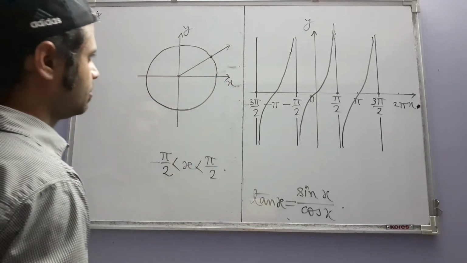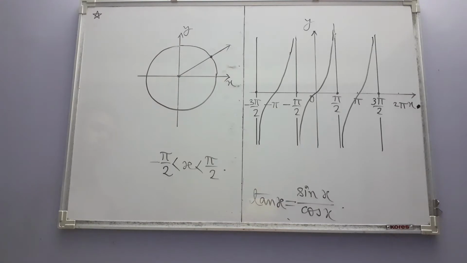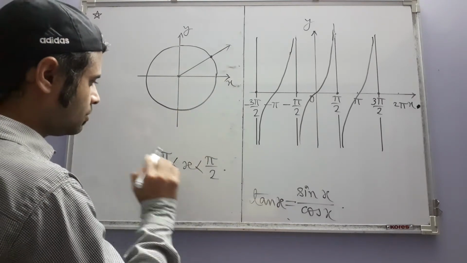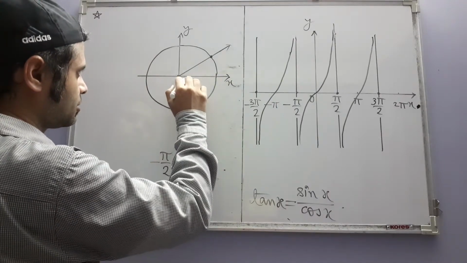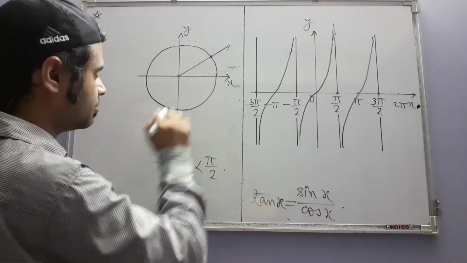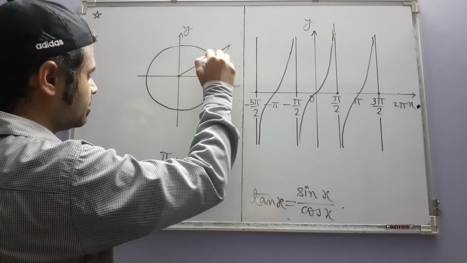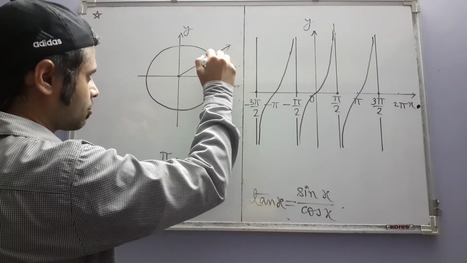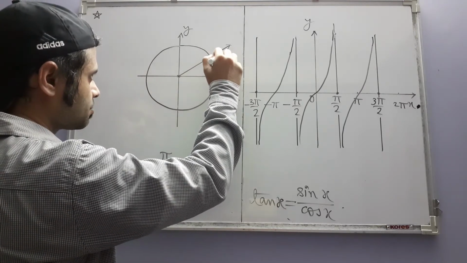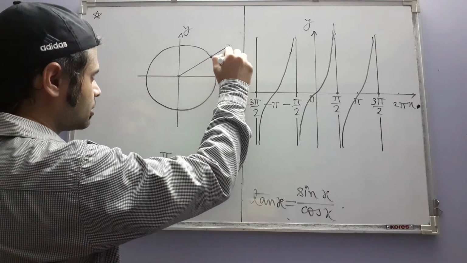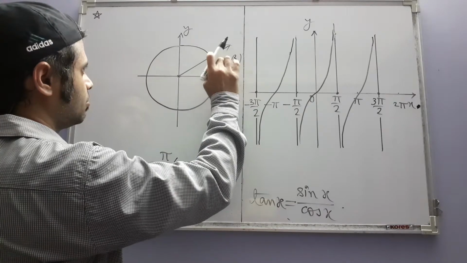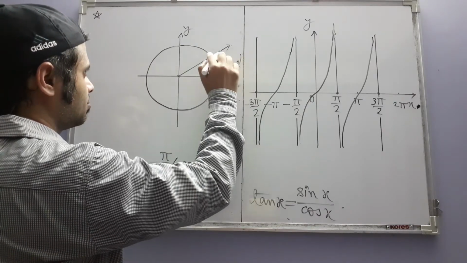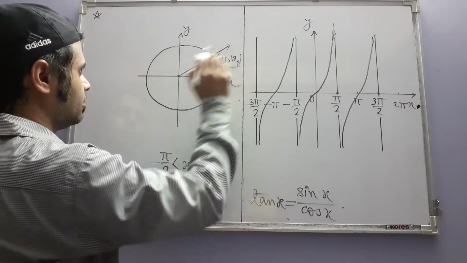right? So now, this is x1. Okay, so this much is x1 radian, and that x1 radian corresponds to this point whose coordinates are say alpha 1 comma beta 1, or for the sake of simplicity let us take u1 and v1.